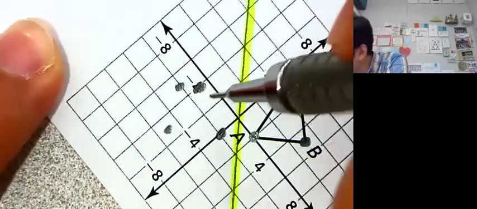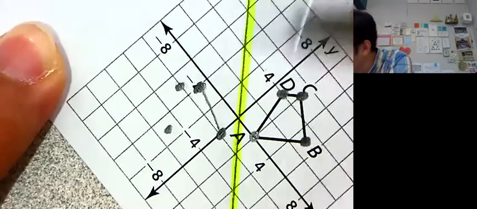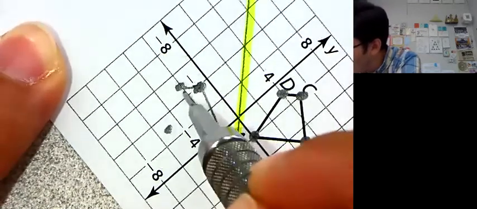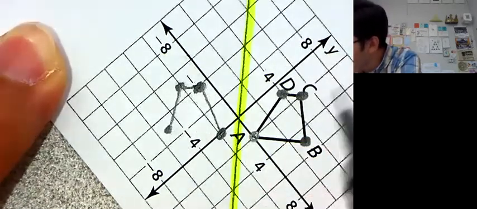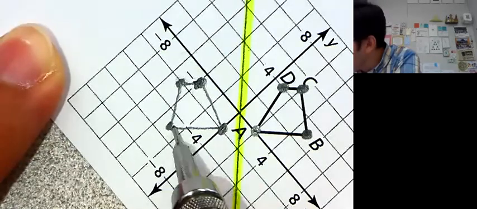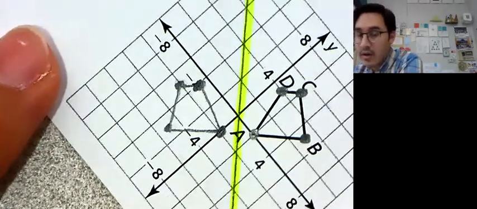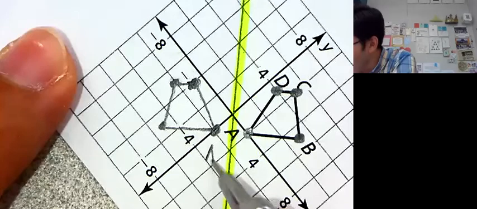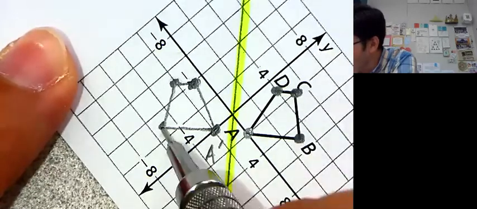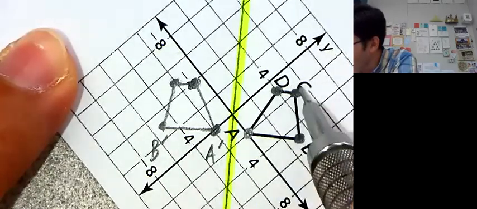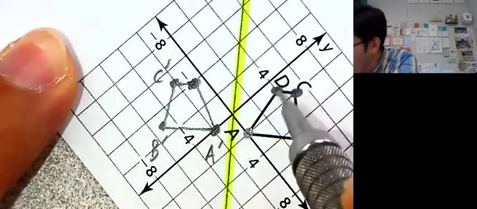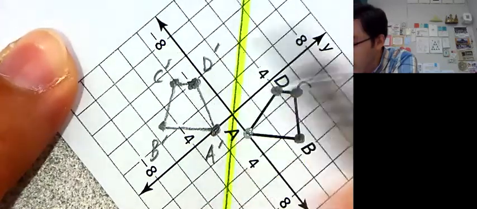Okay. It was a little faint, and I'm not sure how well it showed up on video, but okay. So that is our new image. So this is A prime, that's B prime, C prime, and D prime.